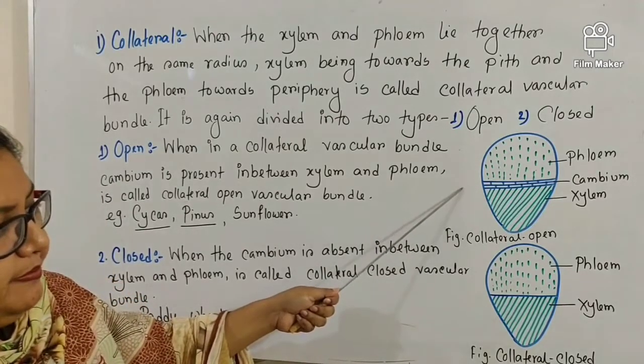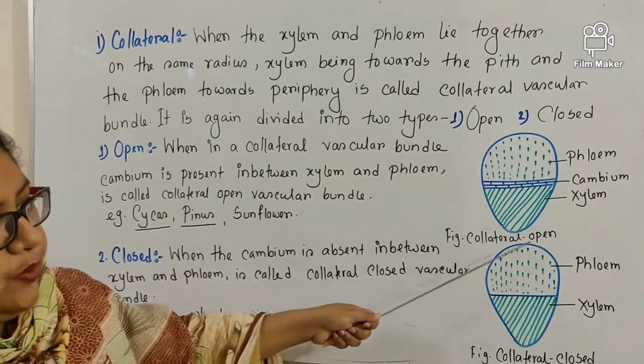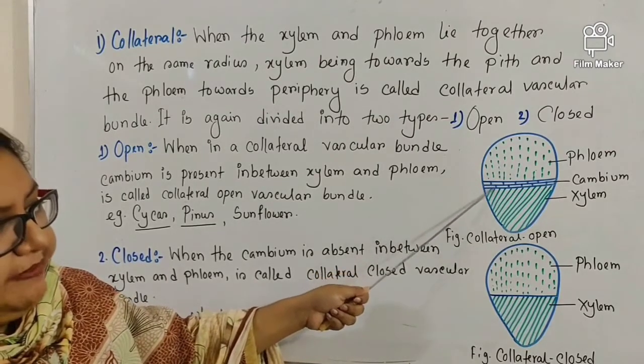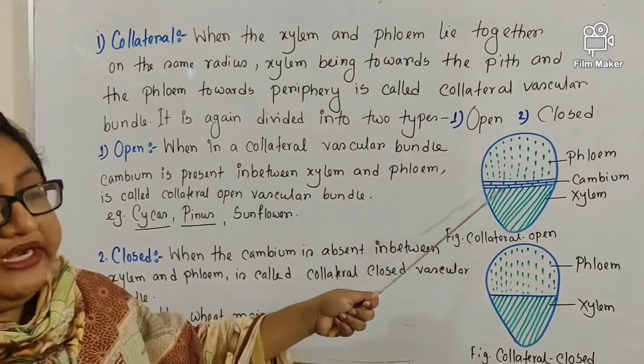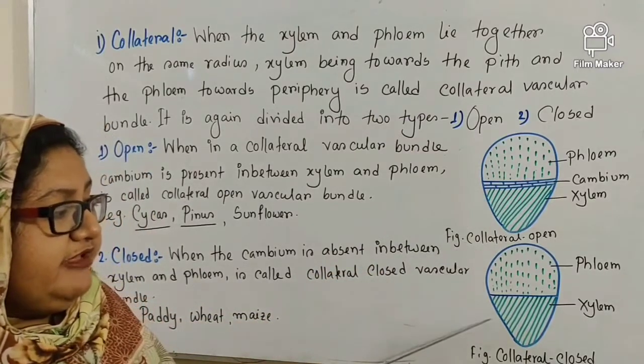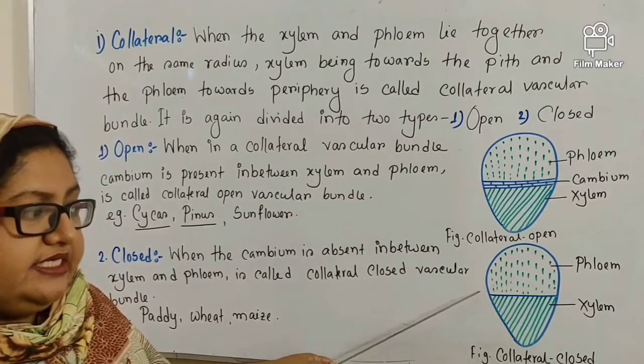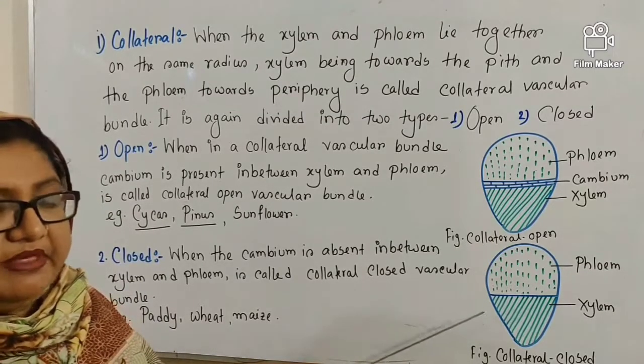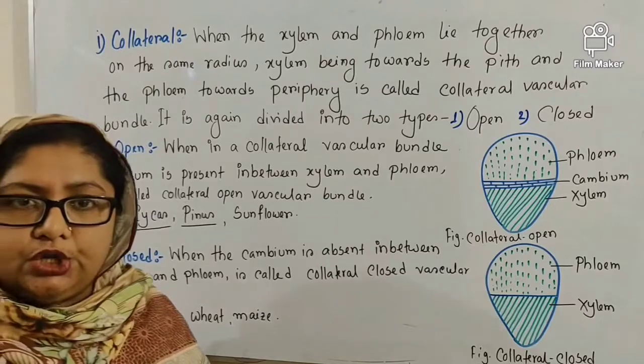So you can see in the first diagram, collateral open. If cambium is present in between phloem and xylem, that is called collateral open, and if cambium is absent in between phloem and xylem, that is called collateral closed.